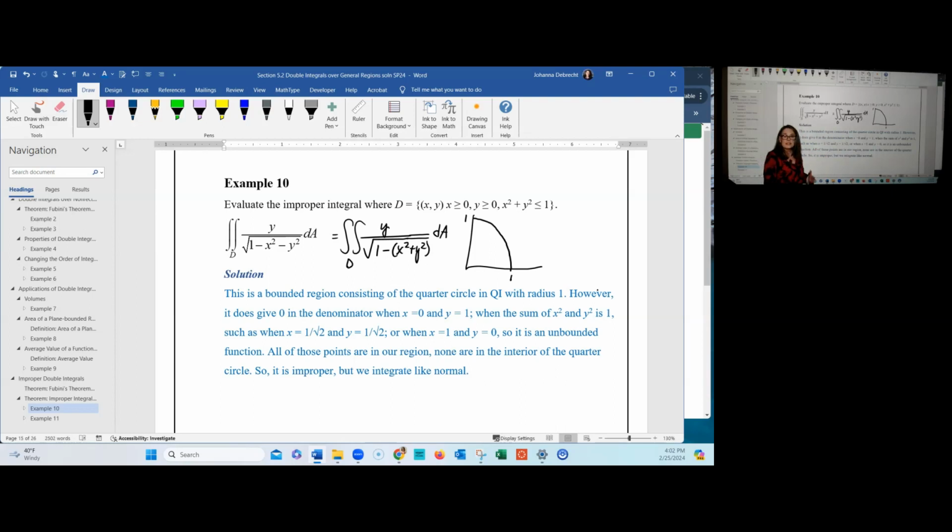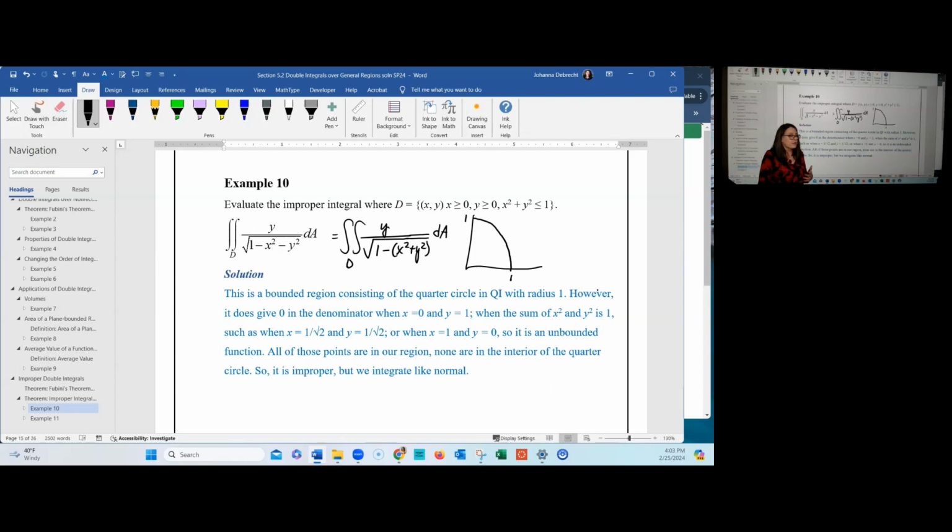I'm going to have a 0 in the denominator. When does x squared plus y squared equal 1? Well, basically, everywhere along the edge or boundary of this region on that quarter circle that we see in quadrant 1. However, that is a boundary point, and the rule is that we have to have a finite number of discontinuities on the interior of the region D.